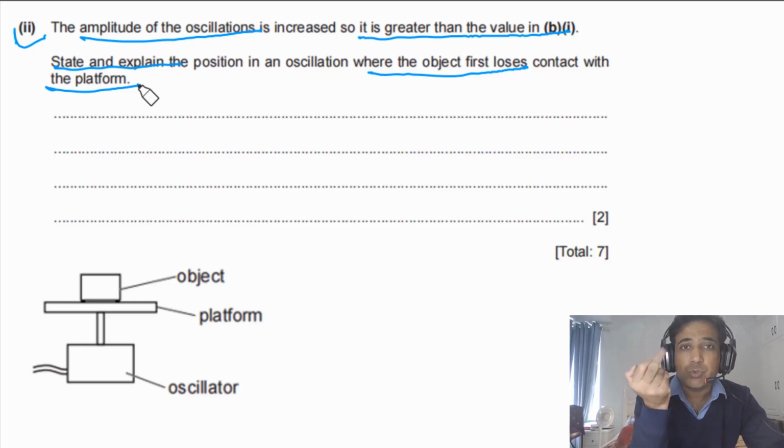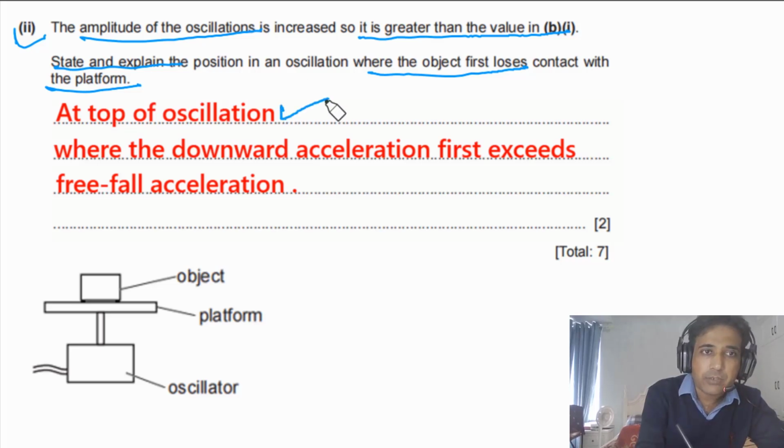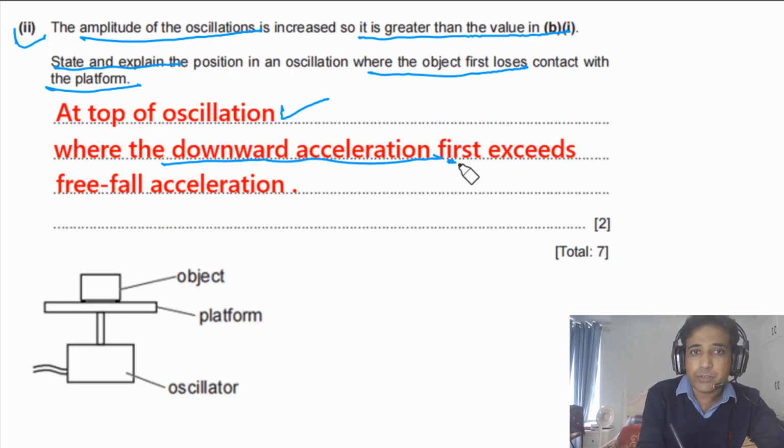So these 2 points we have to mention to get full marks, meaning to get 2 marks. So one point we can say this will happen at the top of oscillation, so you will get 1 mark, where the downward acceleration of the oscillator first exceeds the free fall acceleration at the top and downward.